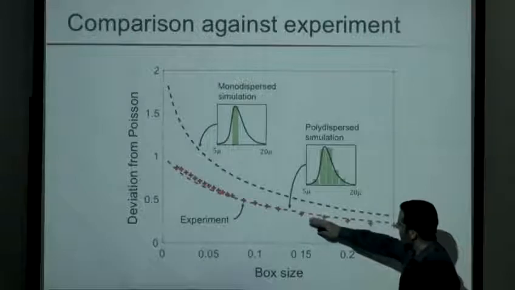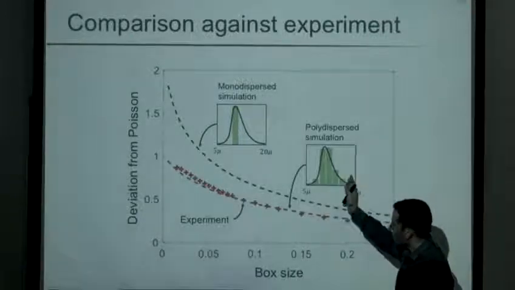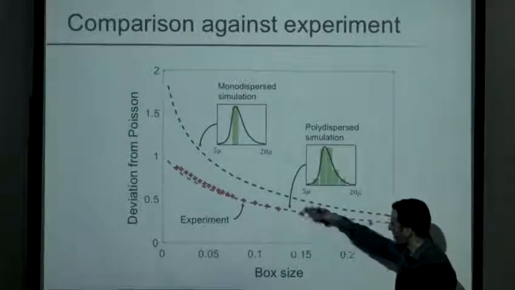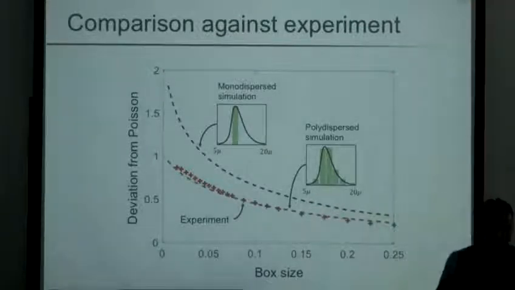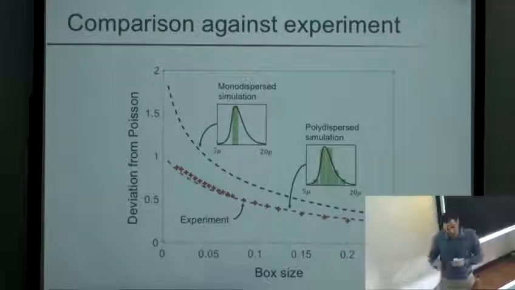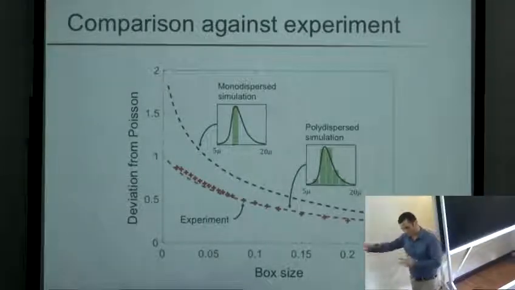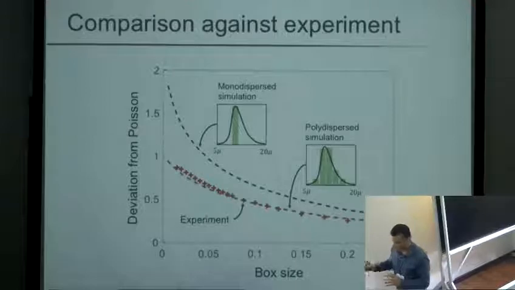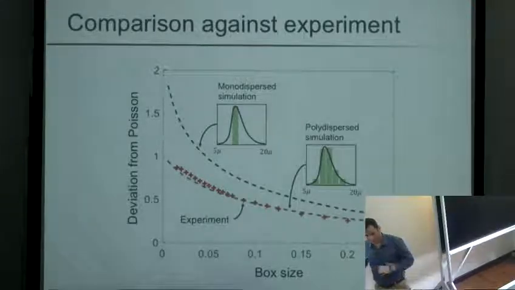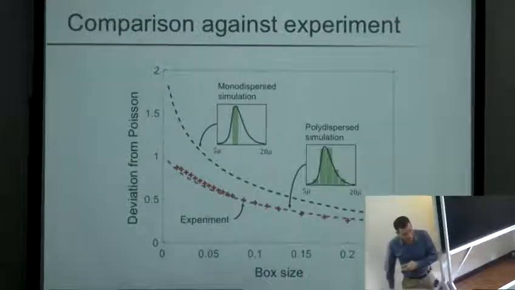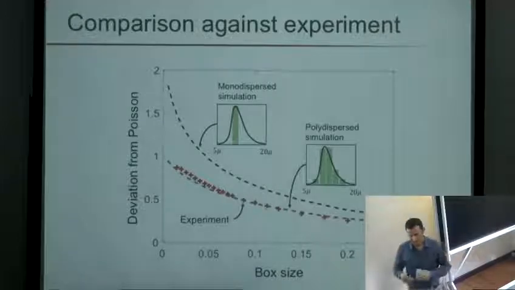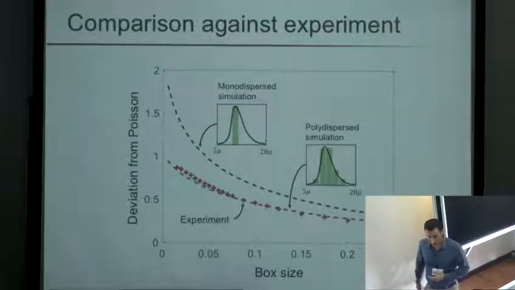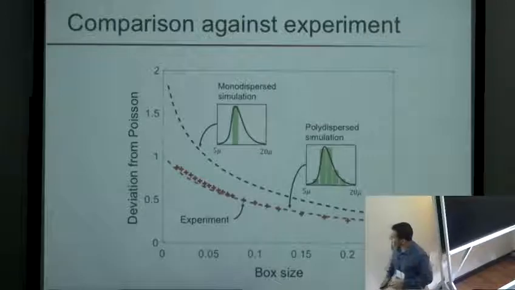If you do not include polydispersity in this comparison when you're post-processing your DNS result, you're going to get something completely different. So I think that adds a certain degree of credibility to point particle simulations, but it's not conclusive. Some of the conclusions that I'm going to show you later on still need to be validated against experiments that are targeted at those particular regimes.